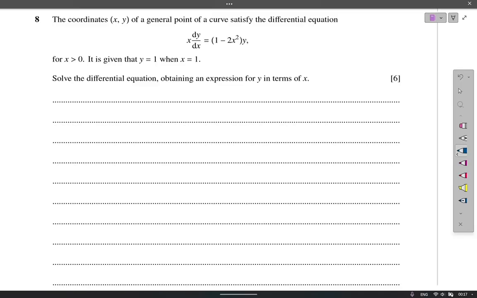But to do that, we have to collect the terms so that one side only has the y's with dy dx, and the other side has only the x's. So if we rearrange this formula, dividing by y to get y here and dividing by x to get x here, we have this equation.